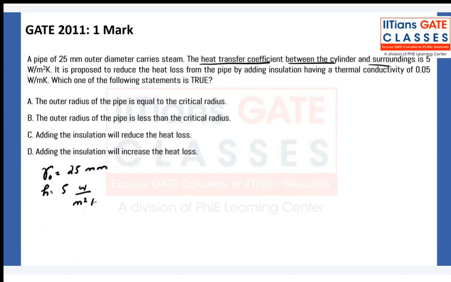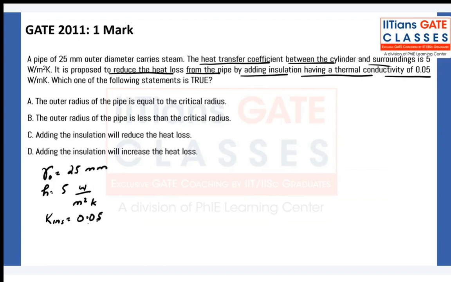Now it is proposed to reduce the heat loss from the pipe by adding insulation having a thermal conductivity of 0.05. Which one of the following statements is true?